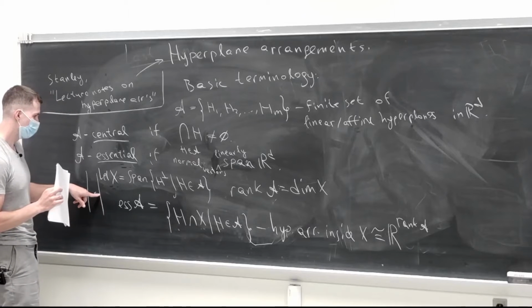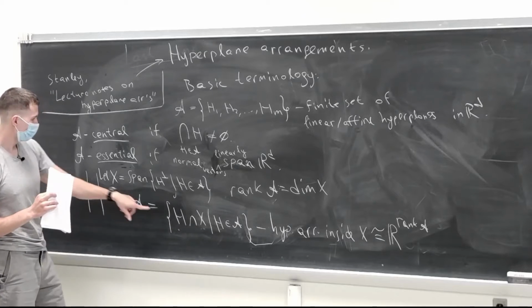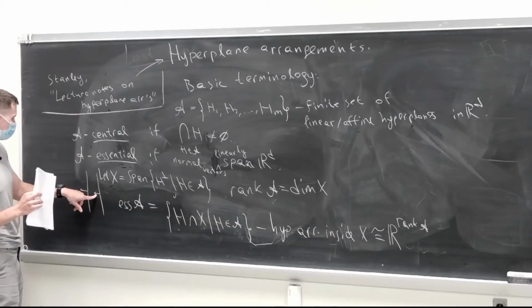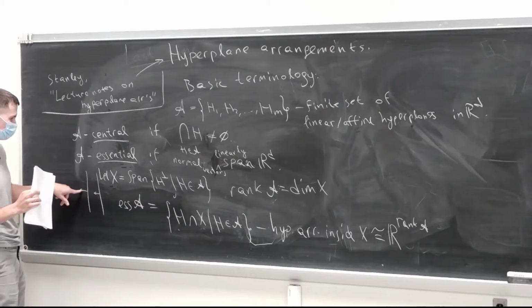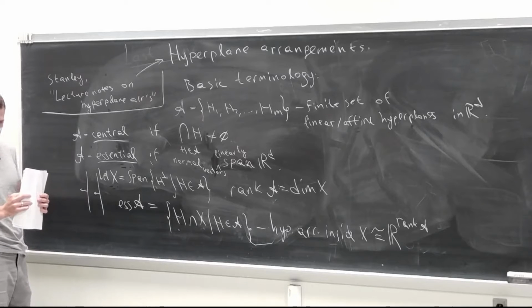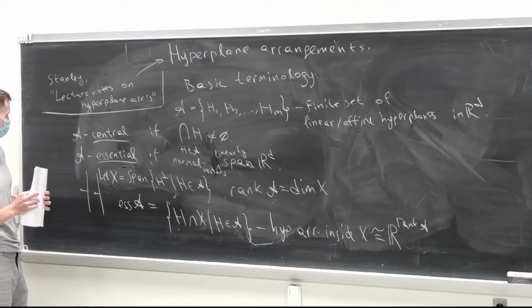So each hyperplane is orthogonal to all. Wait, hold on. So X is the span of normal vectors, which means that it's at most one. Okay, at least one. All right, yeah.